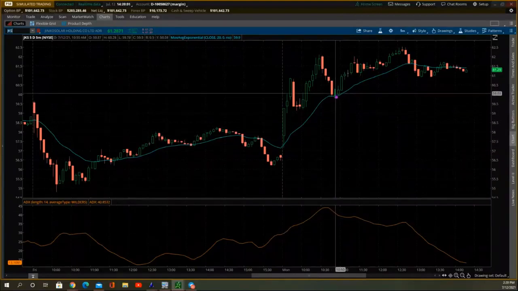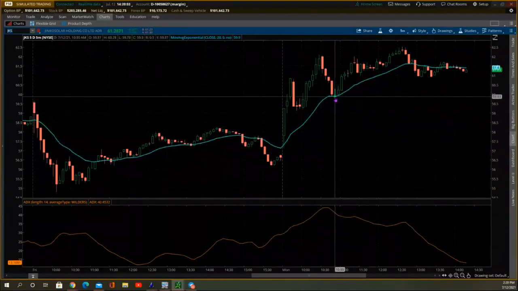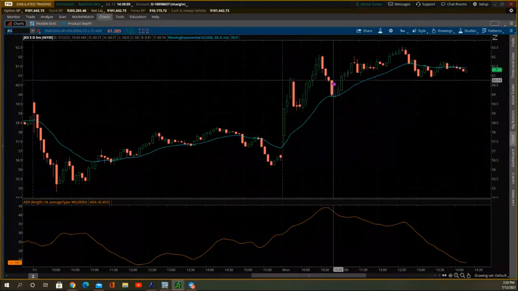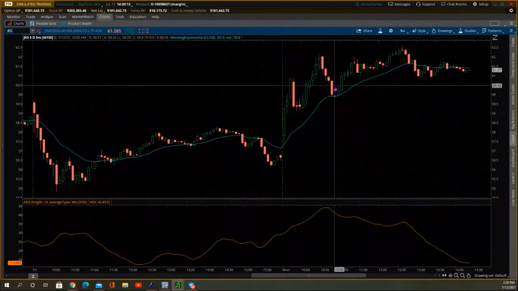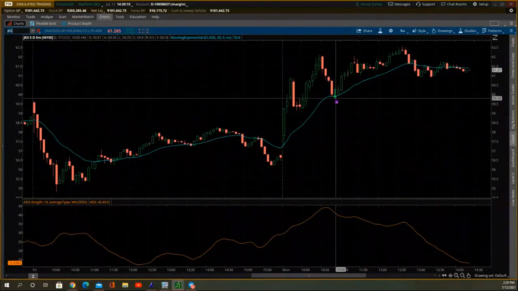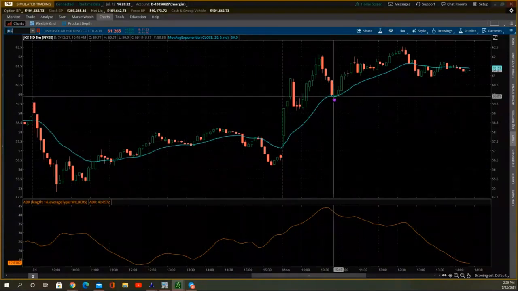So the previous bar before this touch was right here. So we'd have a buy stop at 60.71. With me? Okay. So when we got in right here, our stop would be right below this little doji right here.